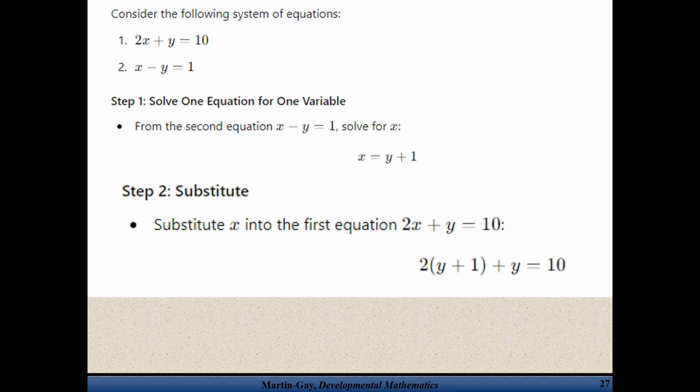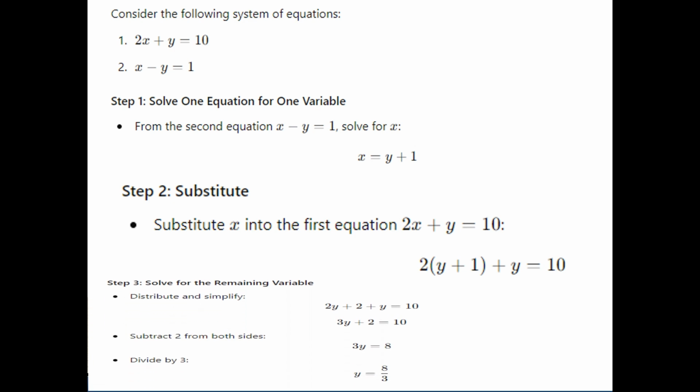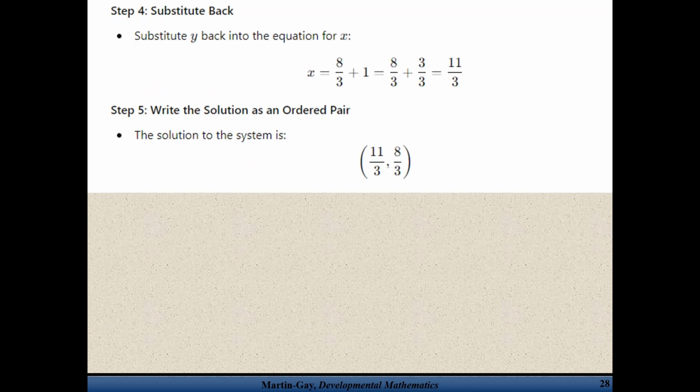Substitute x into the first equation, x which is y plus 1, so you end up with 2y plus 2 plus y equal 10. So you add your y's, you get 3y plus 2 equal 10. Subtract 2 from both sides, 3y equal 8, divide by 3, and then you get y equal 8 over 3.